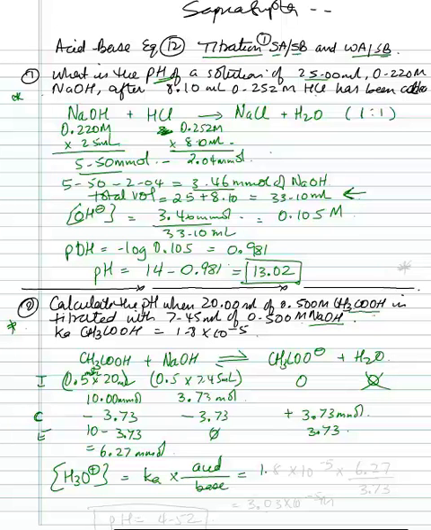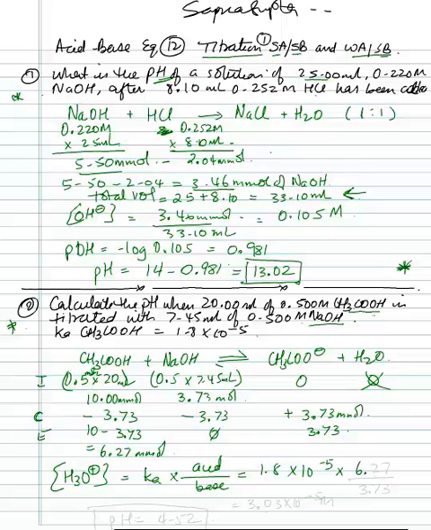So this is 1.8 times 10 to the negative 5 times, and again you can use the moles over here, because the volume is the same. If you were to divide by the same volume, it doesn't matter anymore. It's the same thing, it's the ratios. So you don't have to worry about dividing by the volume. In the strong acid-base case, you have to remember it because there is no ratio that you're using.